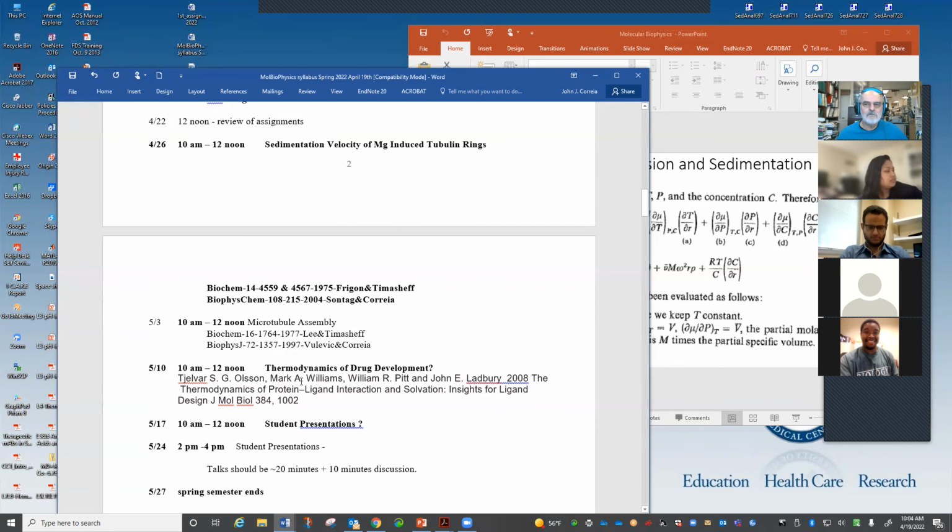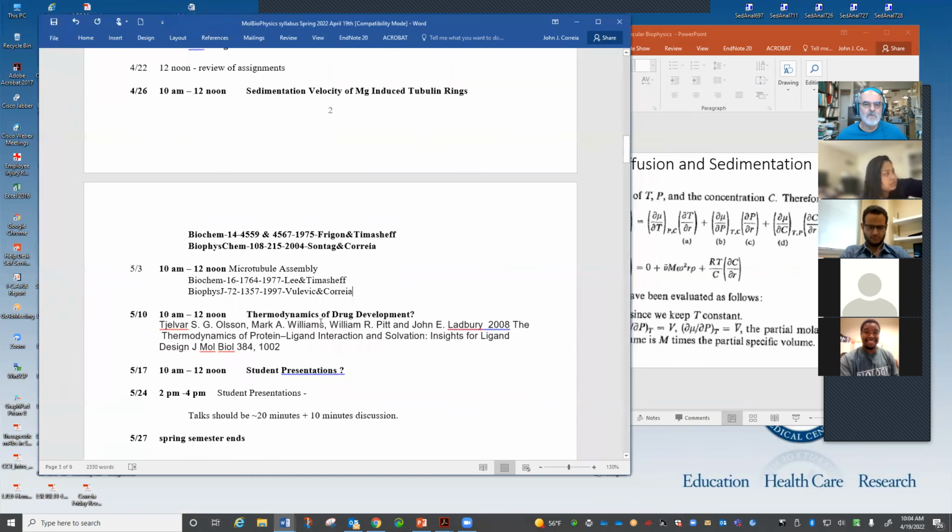Okay, originally I thought I was going to cover another sedimentation set of papers on zinc alkaloids and tubulin, but we're running out of time. And so I think what we need to do is cover this paper from John Ladbury's group that looks at the use of thermodynamics in drug design. And so we'll discuss that paper.